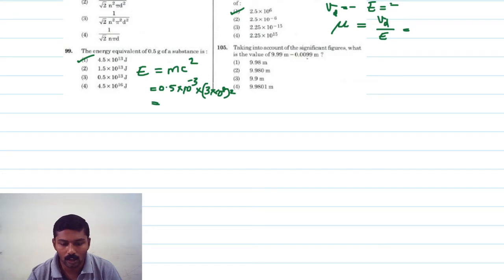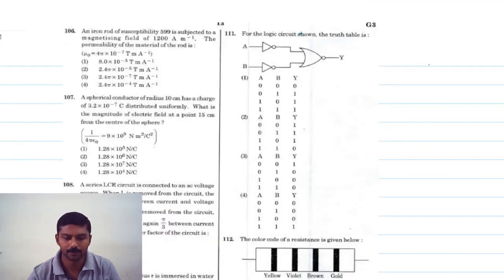After the decimal point, the zeros are not significant. 99 are the only two significant numbers. So the total number of significant figures is 2. After subtracting 0.0099 from 9.99, the answer has to have only 2 significant figures. So the third option is the right answer. Okay, let's look at the next question.